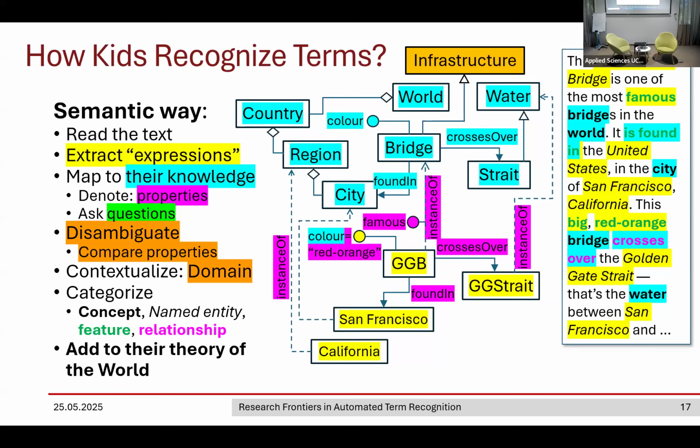And after doing that, they just add this new piece of knowledge to their theory of the world. This is what kids do. Why not computers?